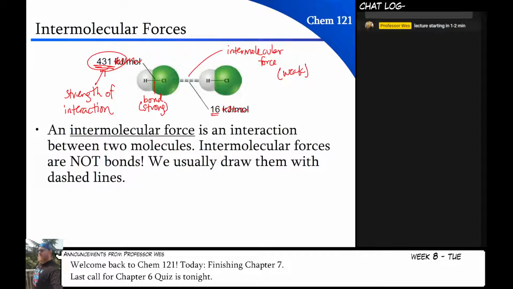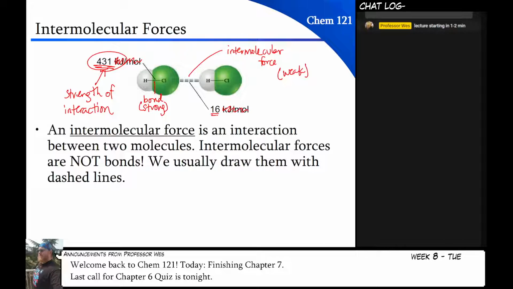So the intermolecular force is an attraction between molecules. Think of this as an attraction between a magnet and your refrigerator. You can pull the magnet from the fridge very easily. You just lift it off the fridge, but it tries to stick on its own, right?